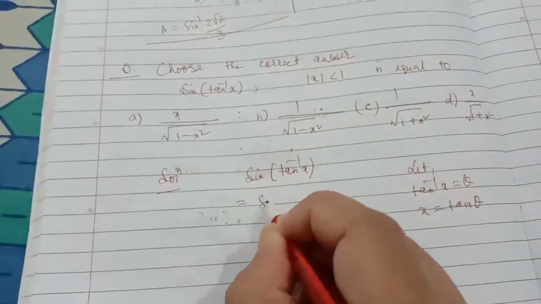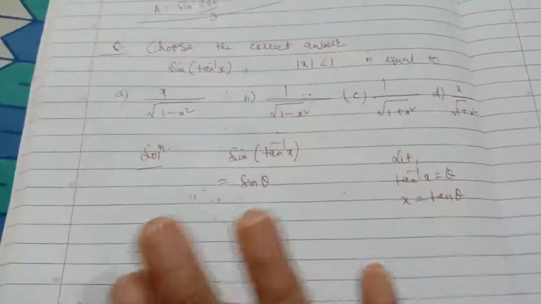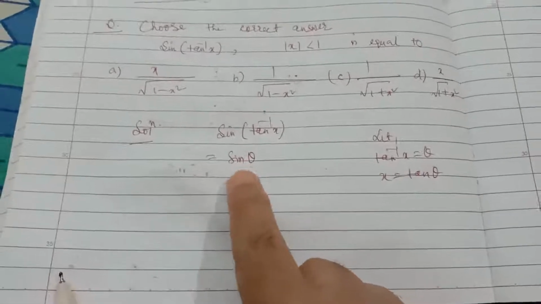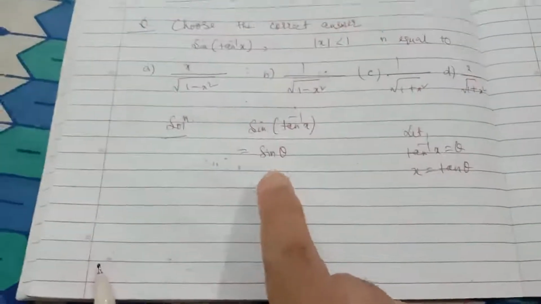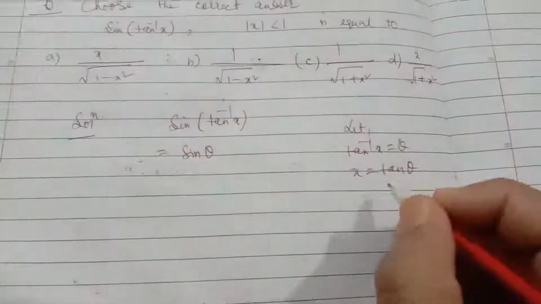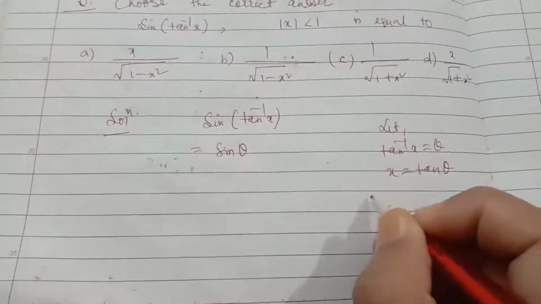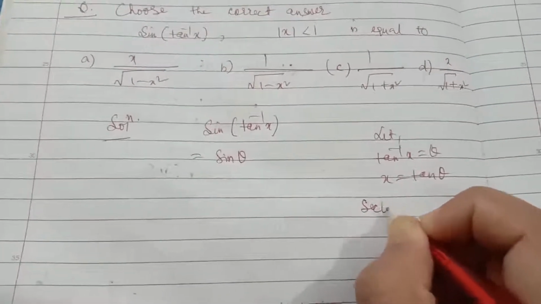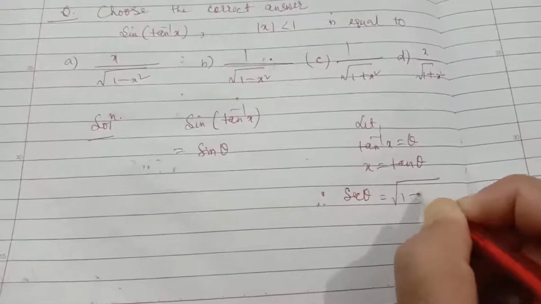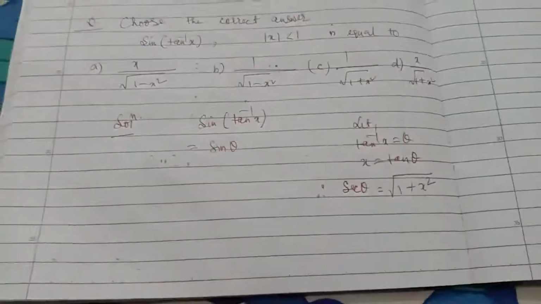This is now sine of theta. Now you think in this way: tan theta equal to x, we have to find the value of sine theta. Tan theta is equal to x, so sec theta is root over 1 plus tan square theta, so it will be root over 1 plus x square.